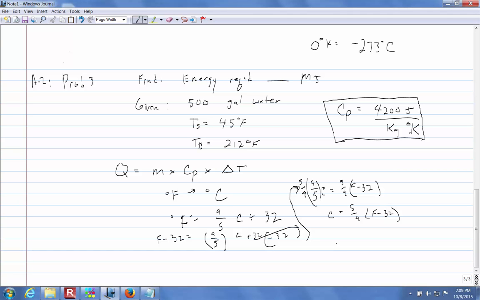Okay. So in our case, the starting temperature in centigrade is 5/9 of 45 minus 32. I think it's about 7 or something. Yeah, that's 7.222. Let's call it 7.2 for this. And then the ending temperature, we know what that is. That's 100 Celsius.